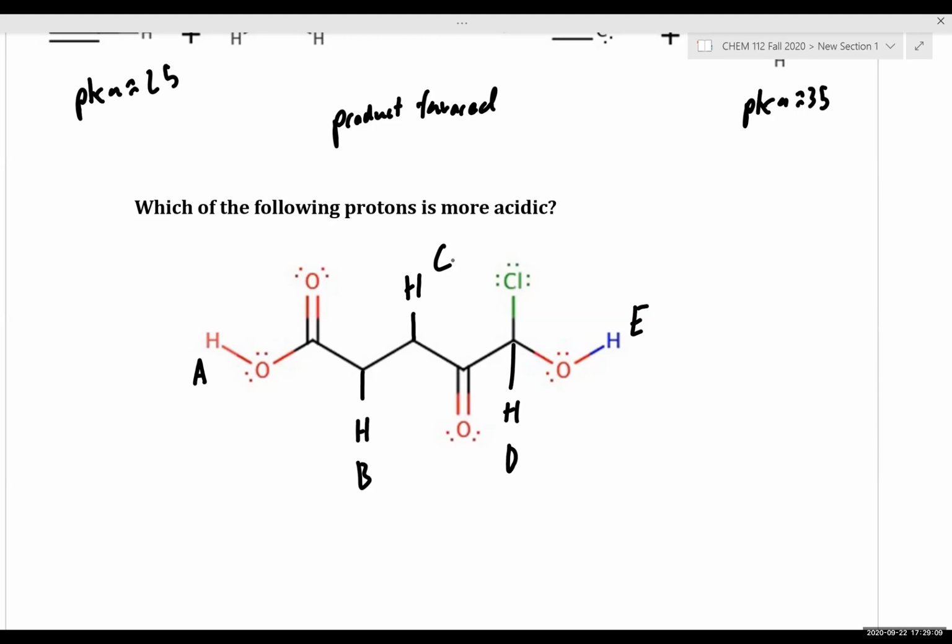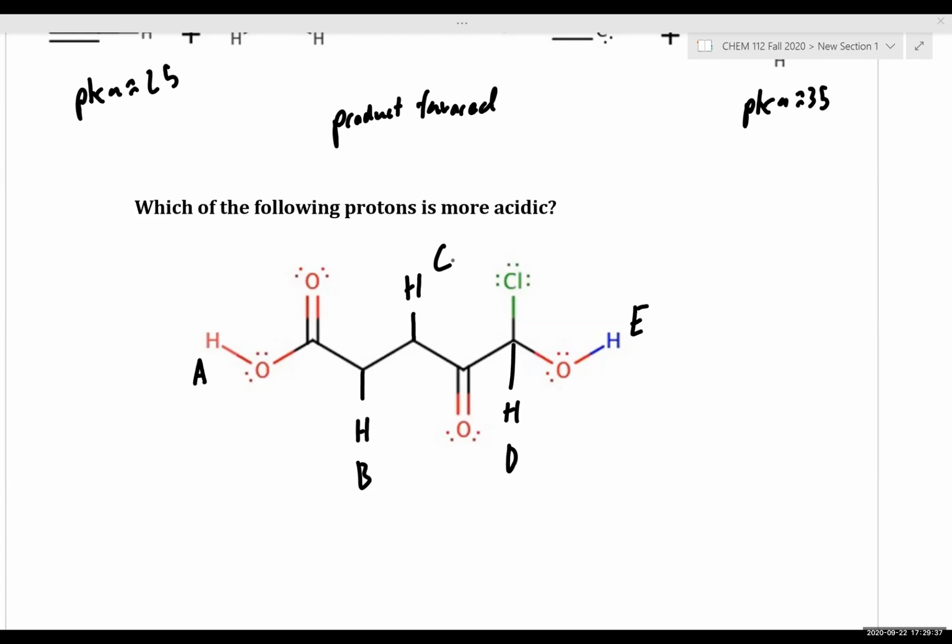So we have a proposal for proton A. Do we have some other proposals for the most acidic proton? It's fine to agree with your classmate, and it's also fine if your response disagrees with your classmate.